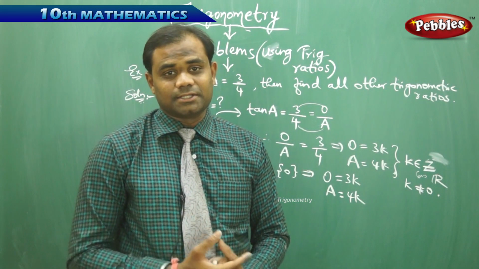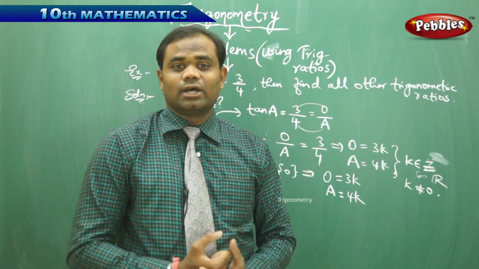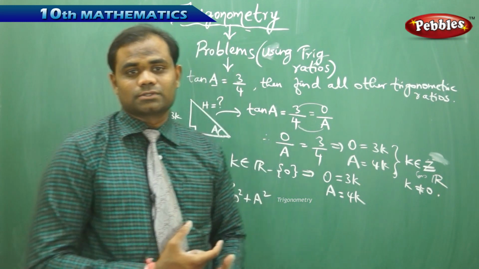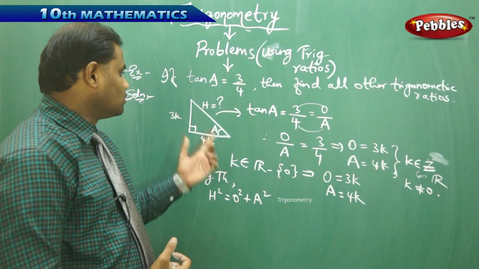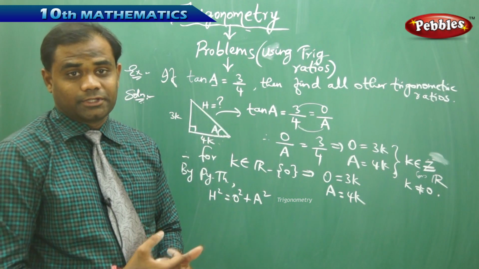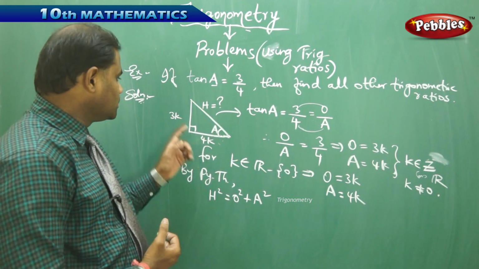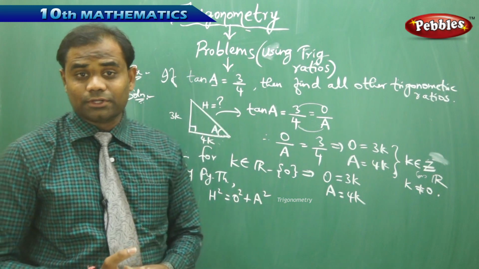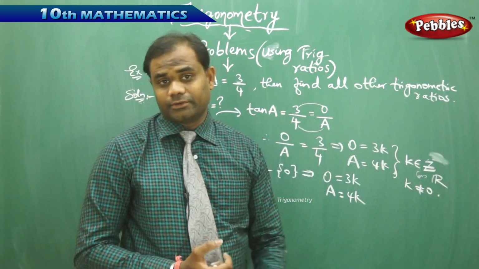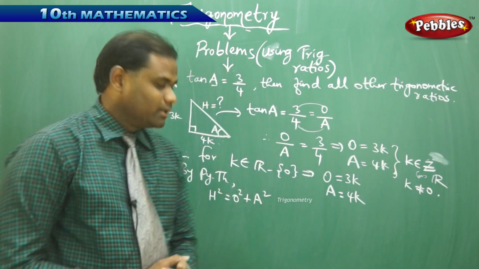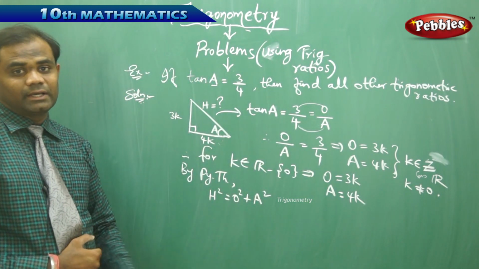To start with sine theta, which is opposite by hypotenuse, I need the hypotenuse in the denominator of sine theta in order to find the trigonometric ratio sine. Therefore, we need each of opposite, adjacent and hypotenuse to find all other trigonometric ratios. So by using Pythagoras theorem, we extract h.